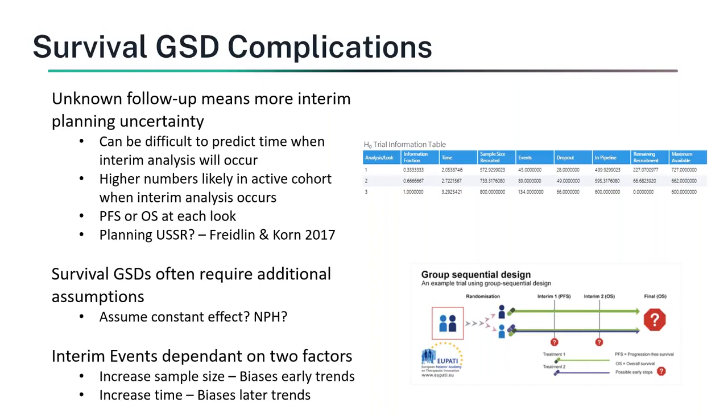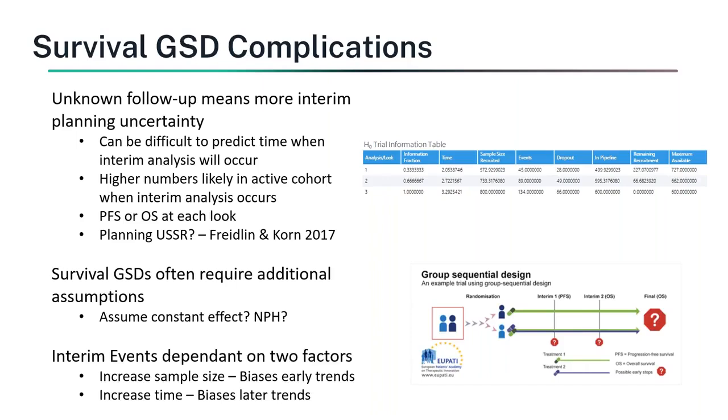So it becomes common in many cases that more events might occur in the active cohort when the interim analysis actually occurs, which can be at odds with your original design assumptions.